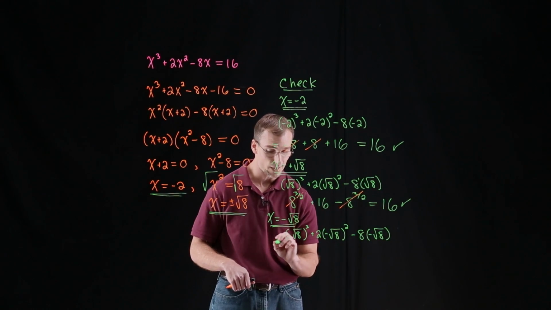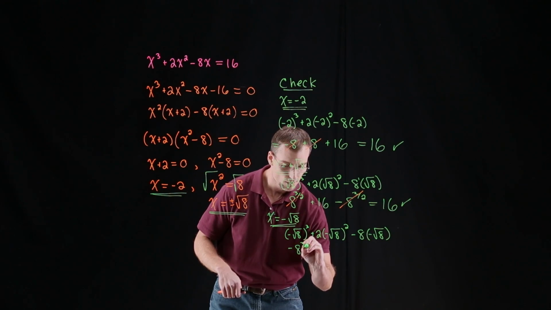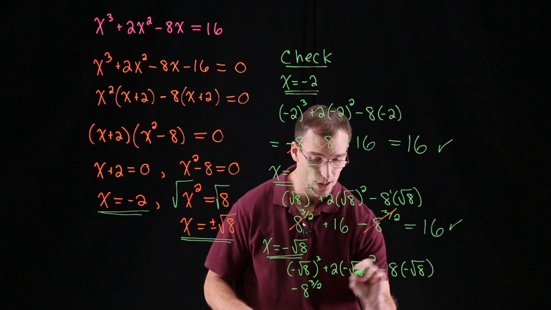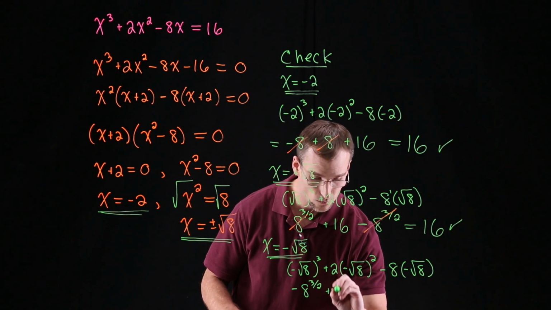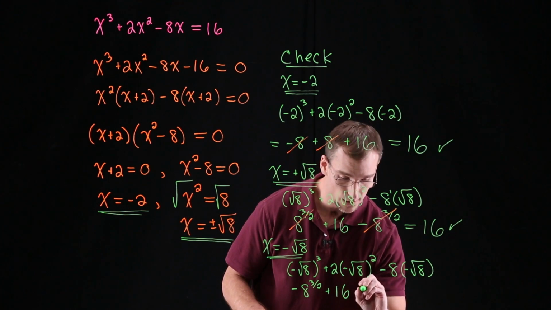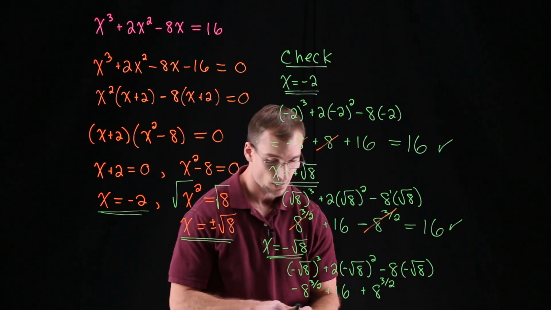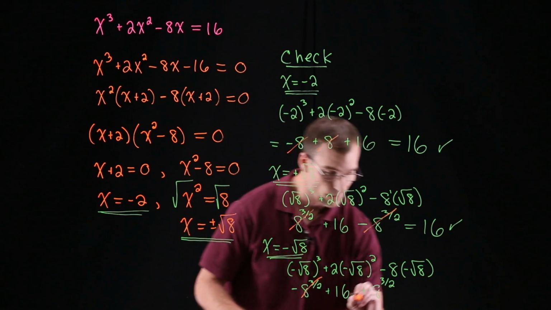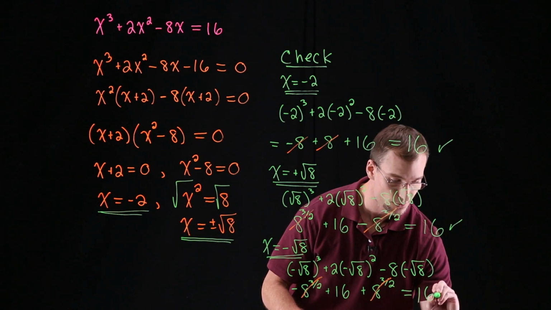If we cube negative root of 8, the negative stays, so we'll have negative 8 to the 3 halves. Squaring negative root of 8 will just give us positive 8 times 2, so plus 16. And negative 8 times negative square root of 8 will give us a positive 8 to the 3 halves. Our negative 8 to the 3 halves cancels with our positive 8 to the 3 halves, and we're left with just 16.